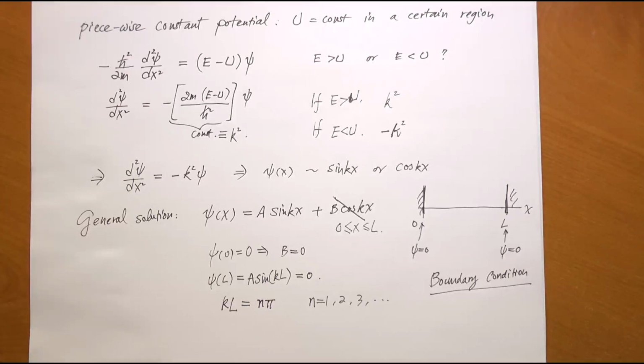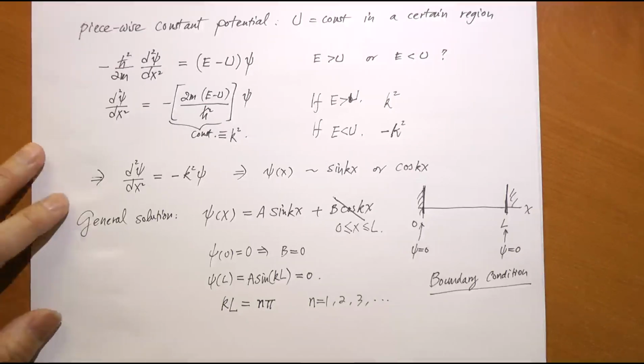So where does quantization come from? In this case, at least, it comes from the fact that we must satisfy the wave function's boundary condition. It is a matter of solving the Schrödinger equation and satisfying the boundary condition. It will give you the quantization condition itself. You do not have to artificially impose it anymore.